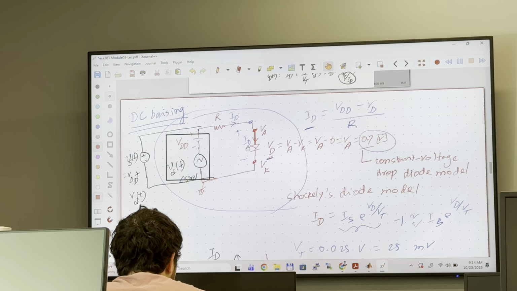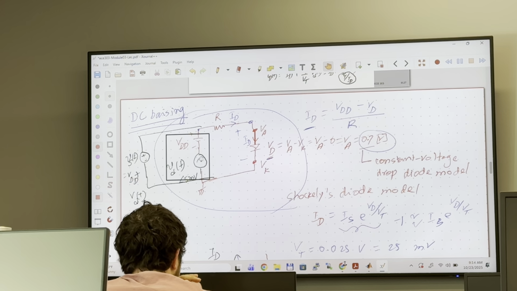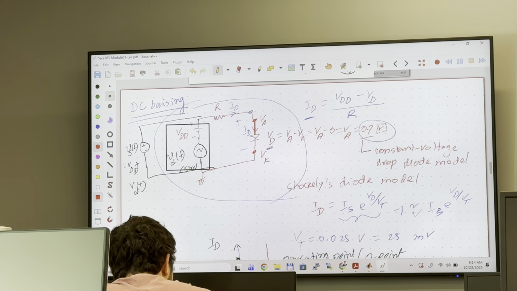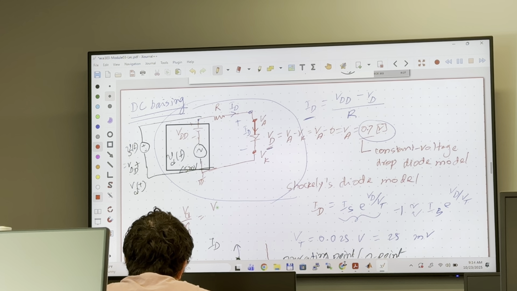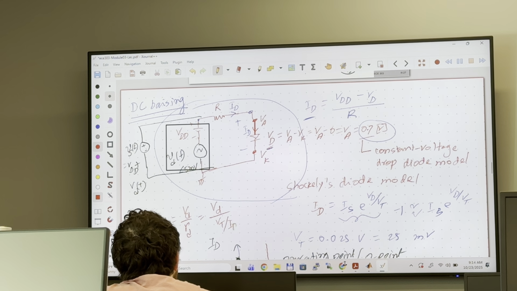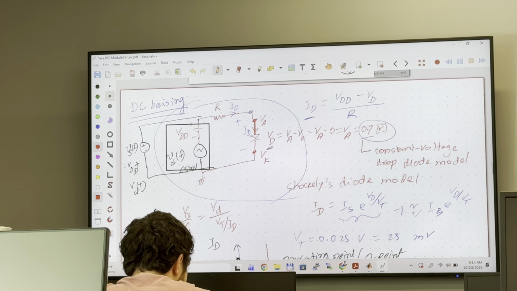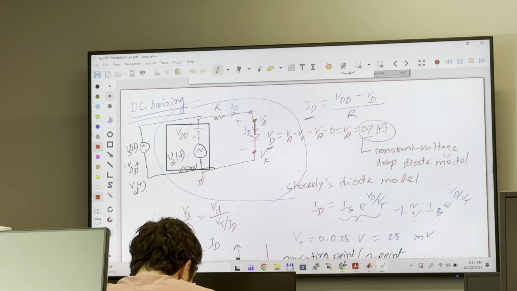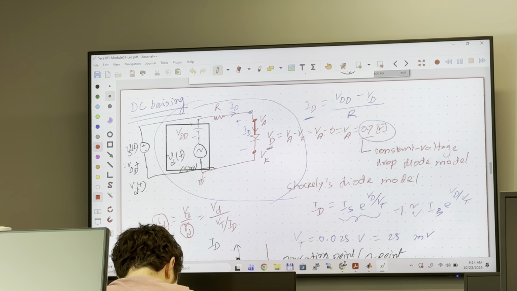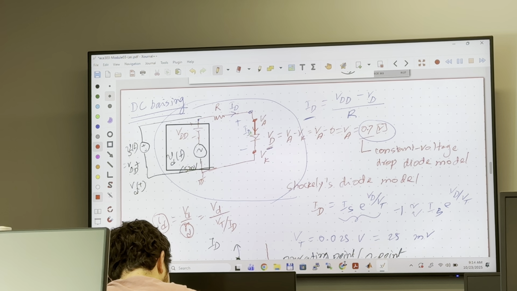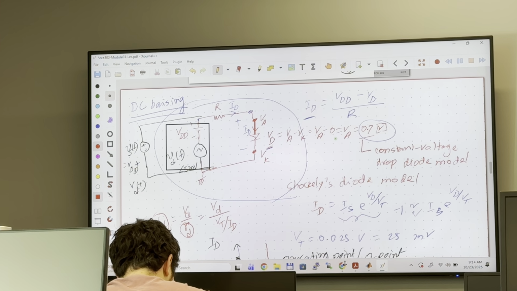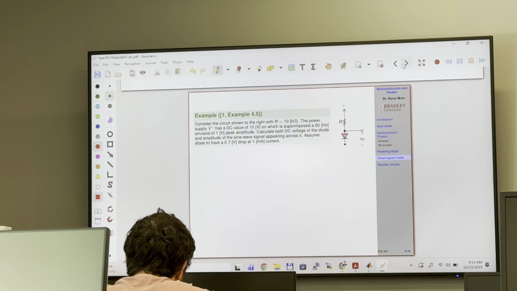If we apply small signal voltage, small signal current is present: i_d, which is v_d over r_d, which is v_d over V_T over I_D. So on top of I_D, you will have a small signal current, which I denoted with lowercase i_d.